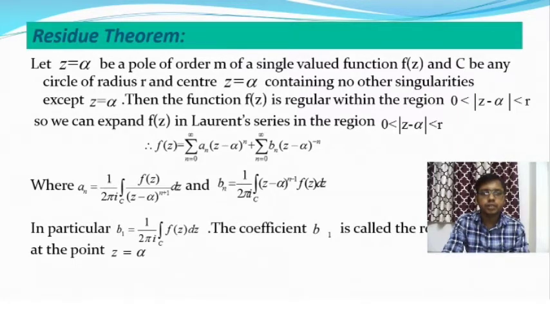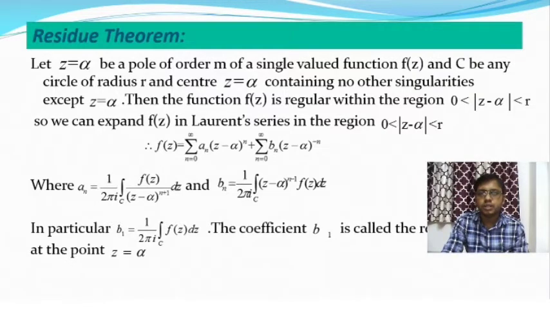The second part of this Laurent series is called the principal part. If the principal part contains a finite number of terms, say m, then z equals alpha has a pole of order m. This is the definition of a pole of a function.